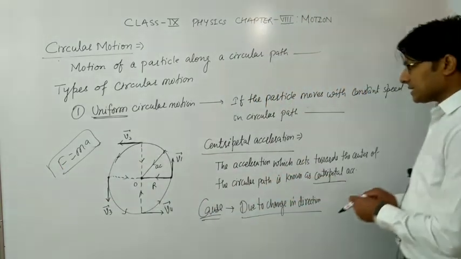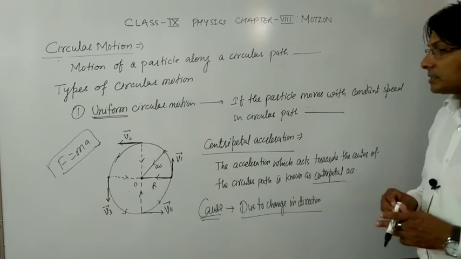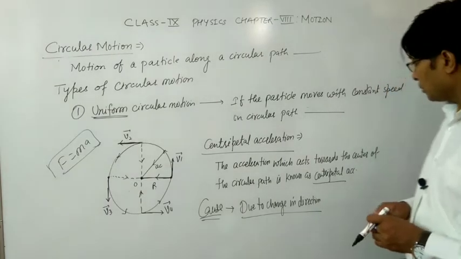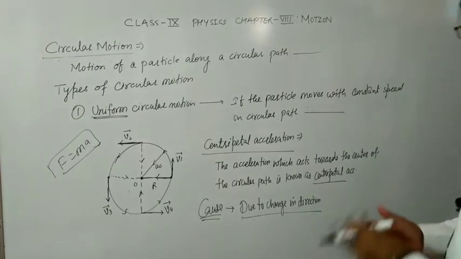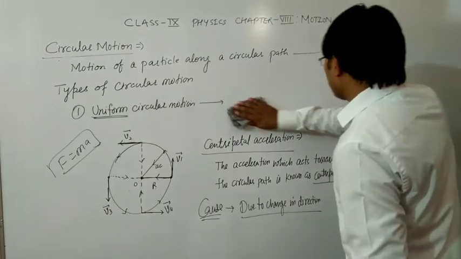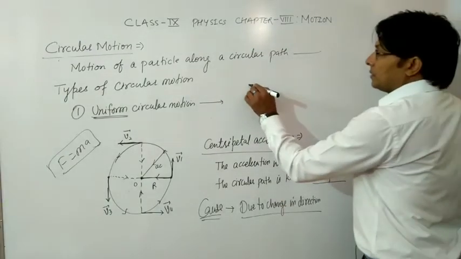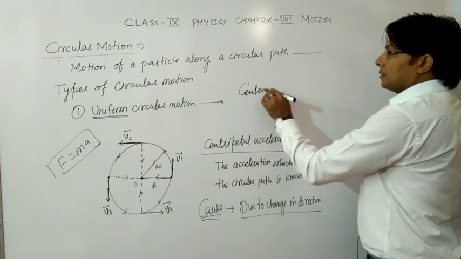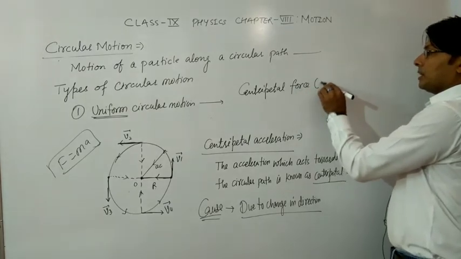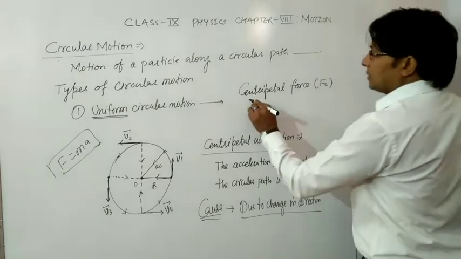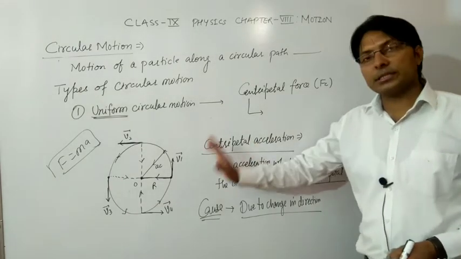So here is the acceleration known as centripetal acceleration. So there should be the centripetal force also. So now we are going to discuss the centripetal force, denoted by Fc. And this centripetal force arises only in circular motion.